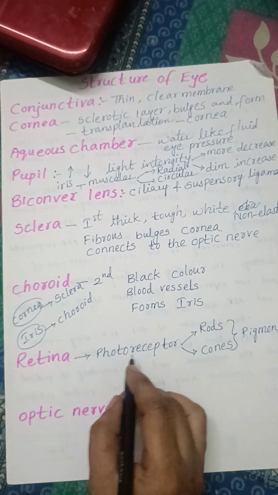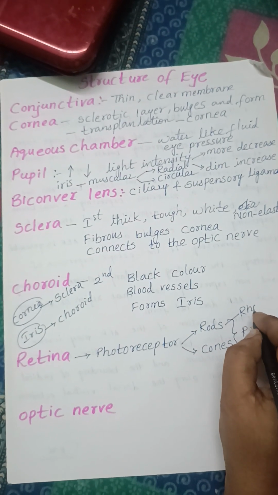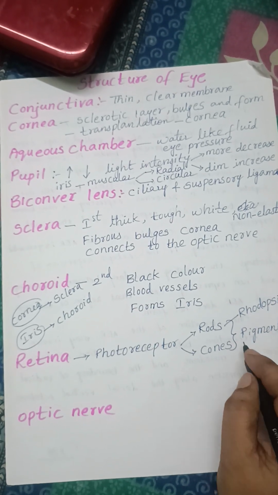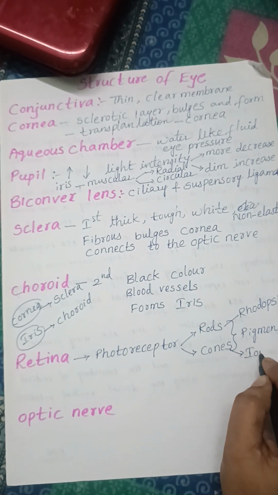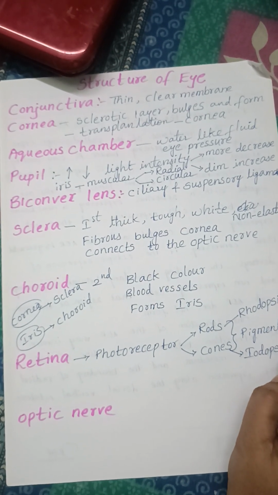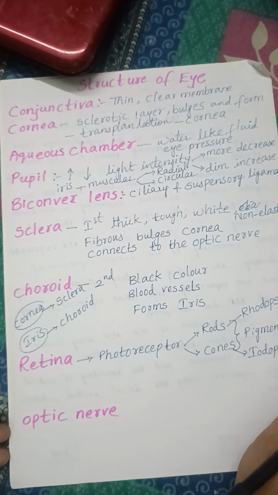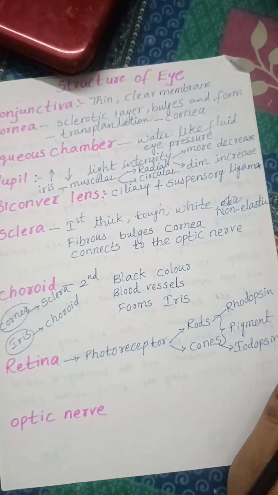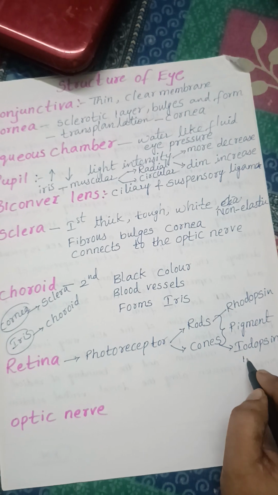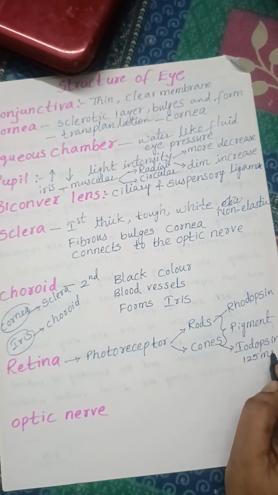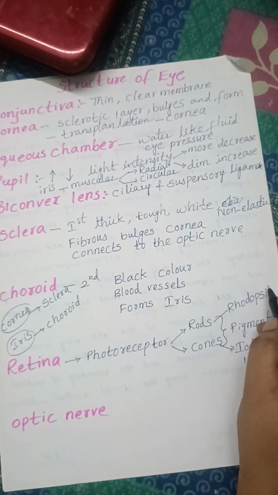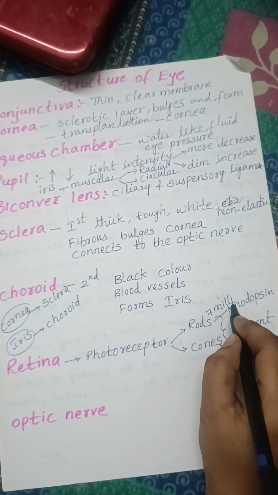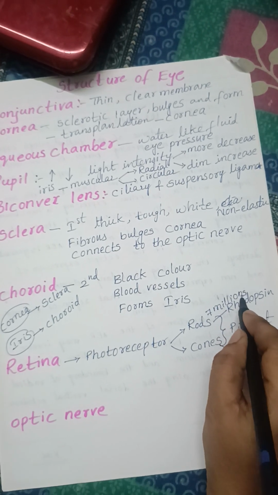So rods contain rhodopsin and cones contain iodopsin. Cones are present 125 million and rods are present 7 million number of cells in the retina.